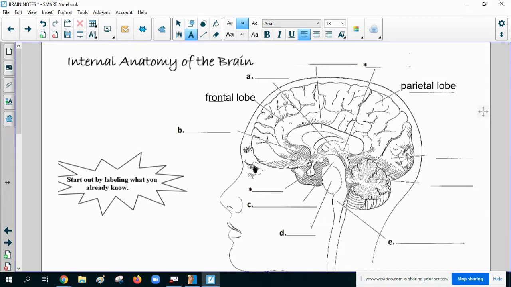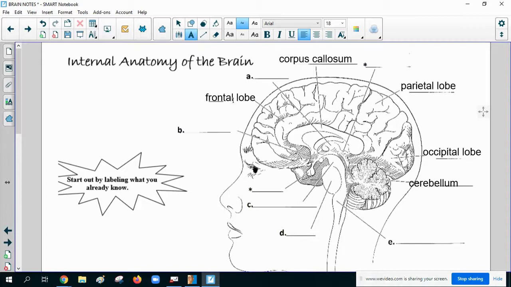Right underneath the parietal lobe is the occipital lobe, and the temporal lobe will have been removed in order for us to see this mid-sagittal section of the brain. So we have this mini brain that sits underneath the occipital lobe called the cerebellum. And then we also have the connector between the two halves or hemispheres of the cerebrum called the corpus callosum.